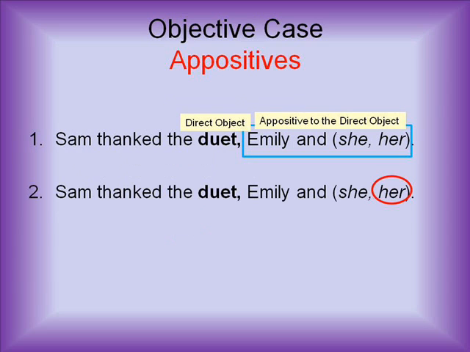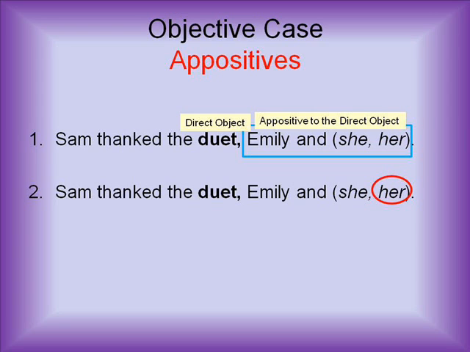Okay, now let's look at it where the pronoun is the appositive. Sam thanked the duet, Emily and she, or Emily and her. Emily and she or her are the duet. So they are the appositive to duet, which is the direct object.